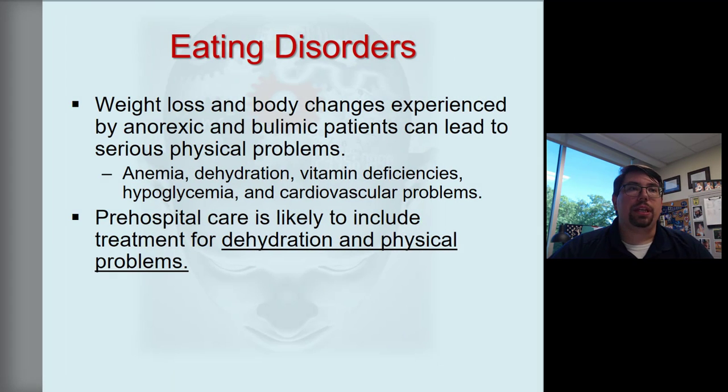We know that with eating disorders, weight loss and body changes experienced by anorexic and bulimic patients can lead to serious physical problems. These include things like anemia, dehydration, vitamin deficiencies, hypoglycemia, and then cardiac-related problems as well because of the changes in electrolytes. Pre-hospital care is likely to include treatment for dehydration and then any physical problems that manifest.